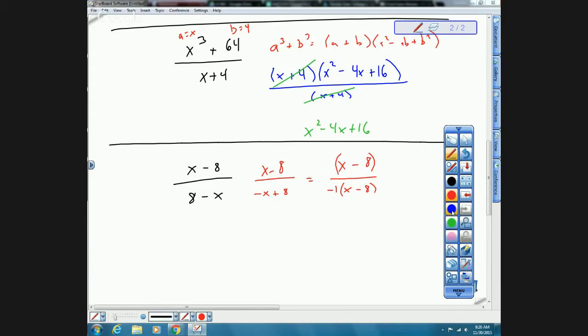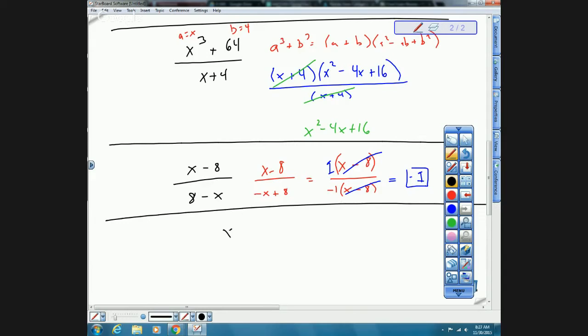Well, now I have x minus 8 on top and x minus 8 on the bottom. So that's just like 1 divided by -1 would be -1. That was the original problem. This right here? Right, so the first thing all I did was rearrange and put the x first so I could look at it. Make it negative x and positive 8, just rearrange those. Then you pull out a -1 to make it the same.